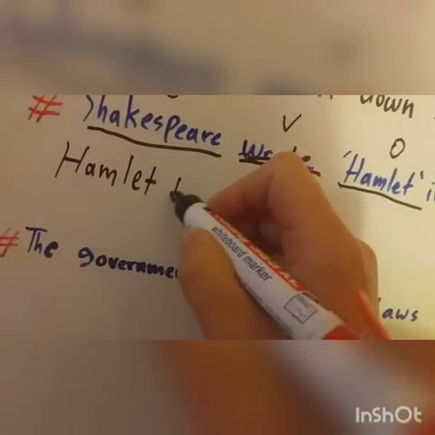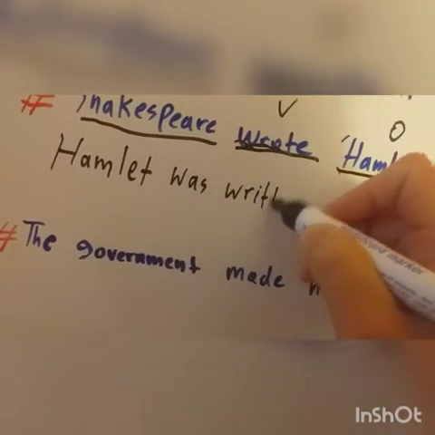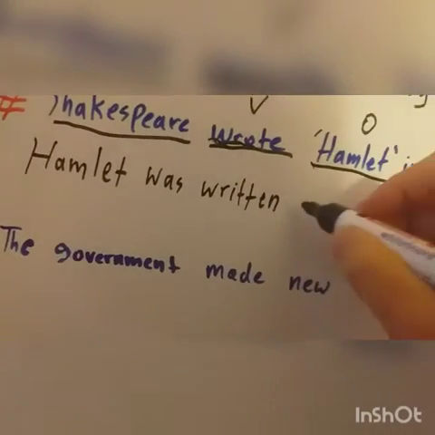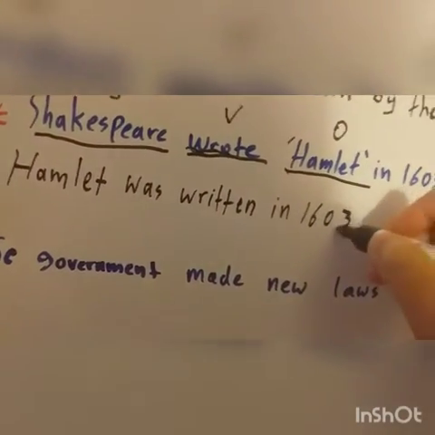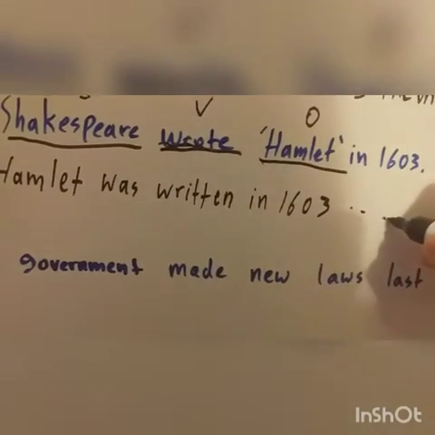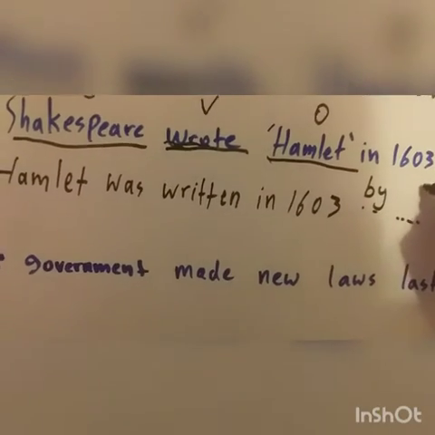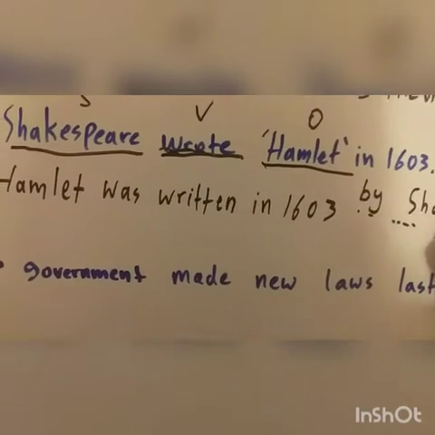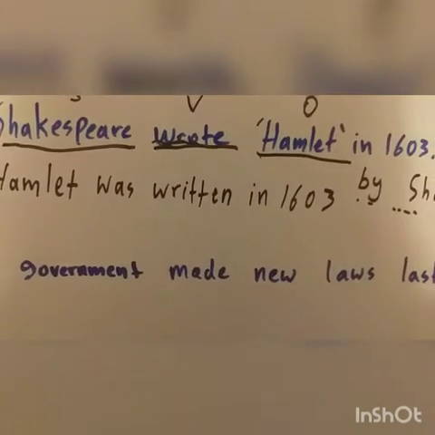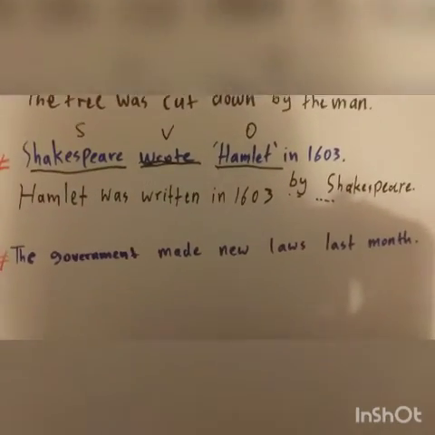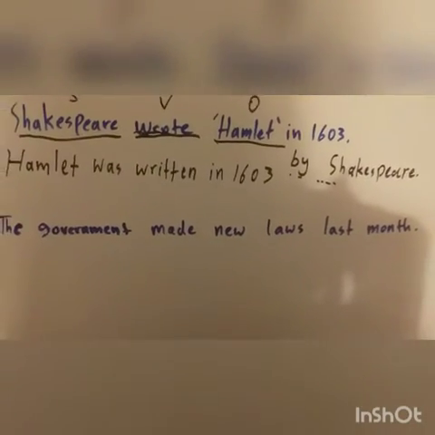Hamlet was written in 1603, and if you want, you can mention the agent by using by Shakespeare. So Hamlet was written in 1603 by Shakespeare.